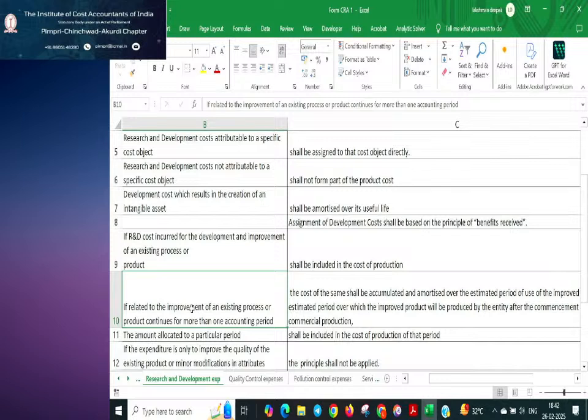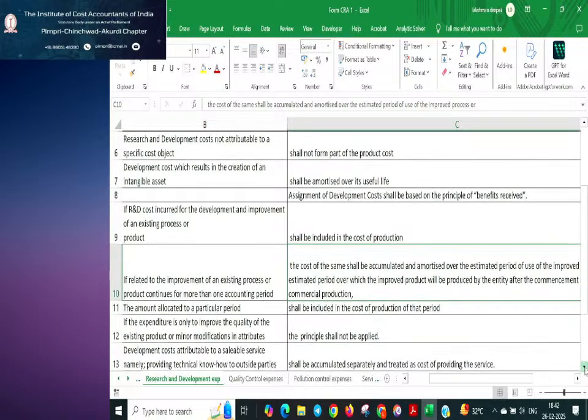But sometimes the research and development can also be like installation of some software or some processes in place which reduces your time of processing. So that is something intangible. Okay, it is process oriented and not product oriented. So in that case the cost of the same shall be accumulated and amortized over the estimated period of use of the improved product.